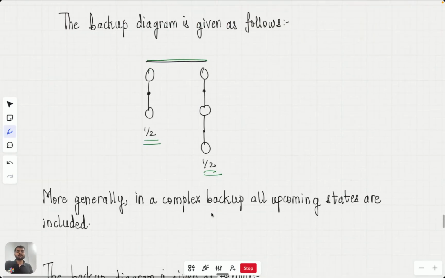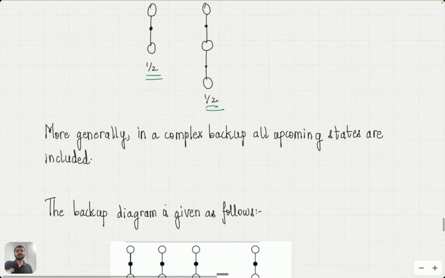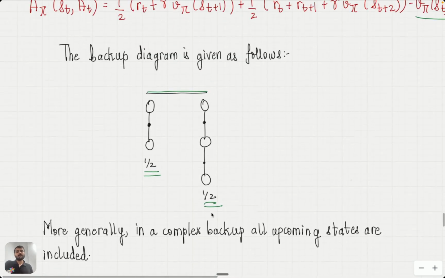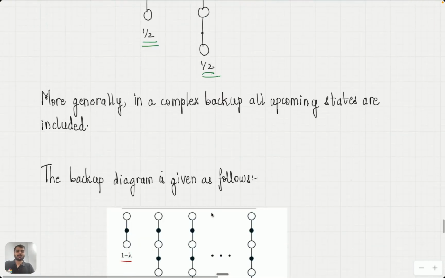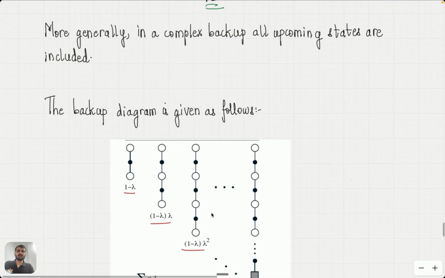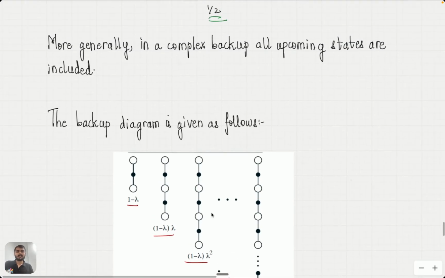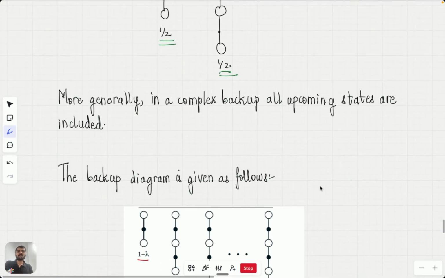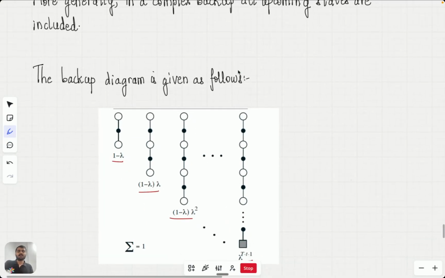More generally, in a complex backup, all the upcoming states are included, and there is an expression for that. Let's look at how that is done. Instead of assigning half and half, people consider all these states, right from a one-step backup, two-step backup, to an n-step backup.